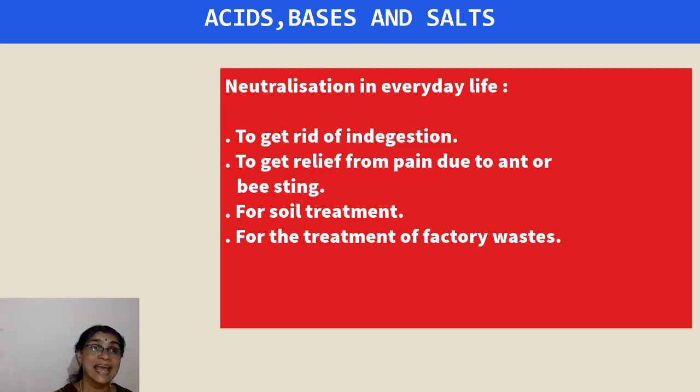When the soil is acidic, we have to add bases like quicklime, that is calcium oxide, or slaked lime, that is calcium hydroxide. You may also see farmers adding some white powder in their field, that is slaked lime or quicklime. Why are they using it? Because to neutralize the acidic nature of the soil.